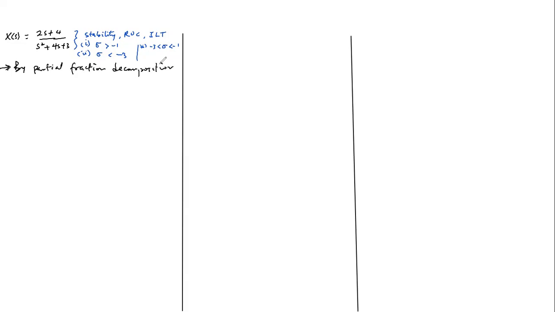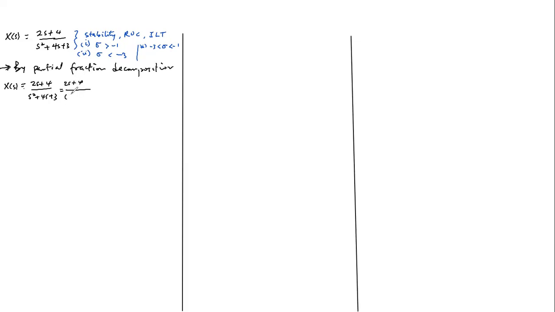So that's exactly what we want to do. So X(s) will be the same as 2s plus 4 divided by s squared plus 4s plus 3, the same thing as 2s plus 4.